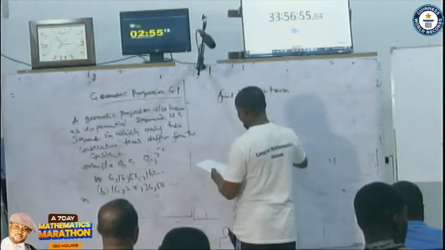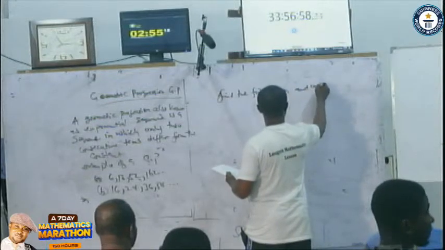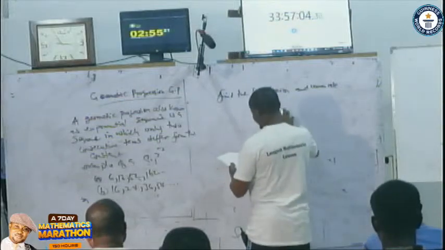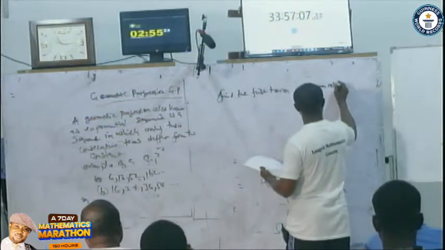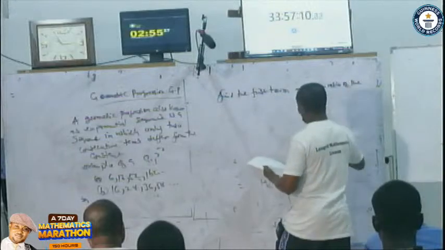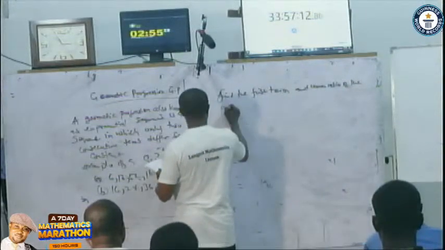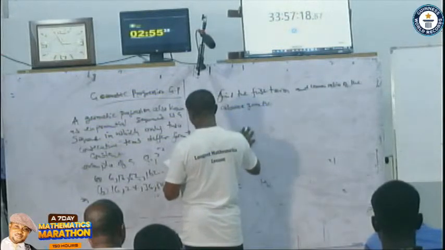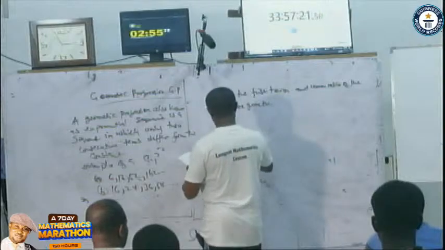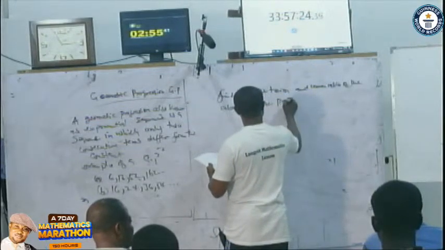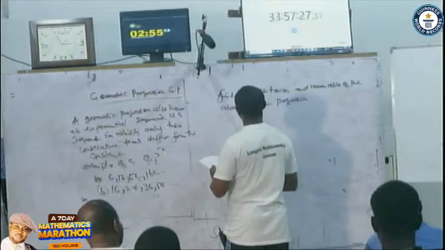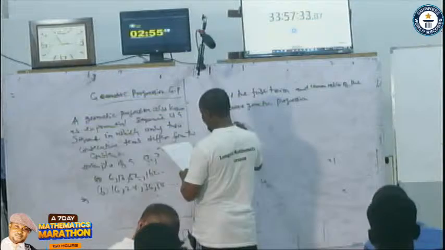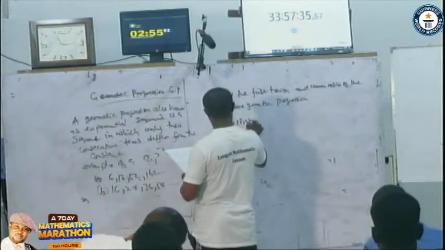So you have that geometric progression to be 6, 18, 54.